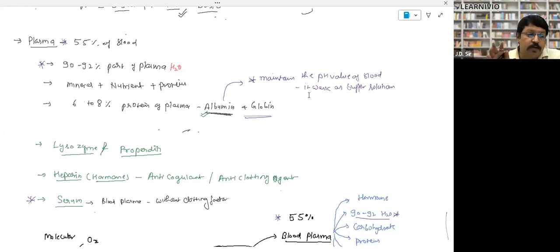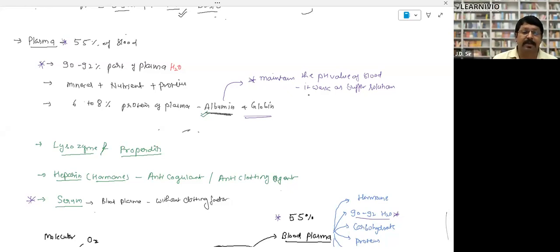So the question was, what is the percentage of plasma in the blood? So 55% of the blood content is plasma. Out of this plasma, the second question, I have already made a star on that.